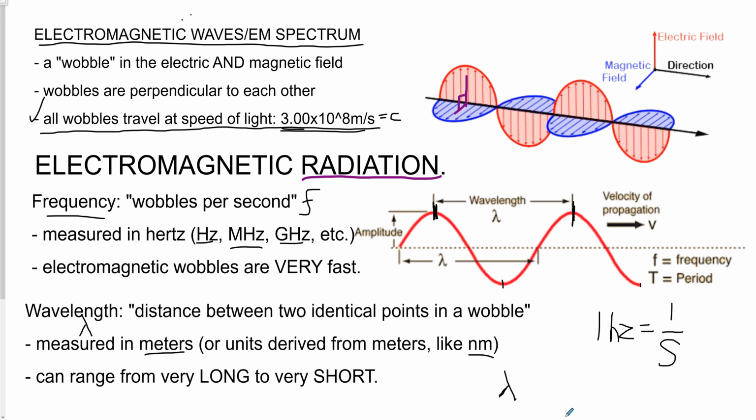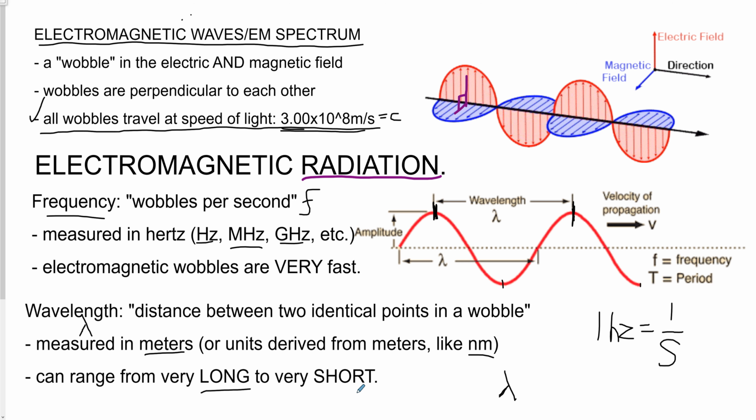And so there are an enormous range of wavelengths. The lowest frequency radio waves can have a wavelength of kilometers. And the highest energy gamma rays, the shortest wavelengths, can have just a couple of nanometers.